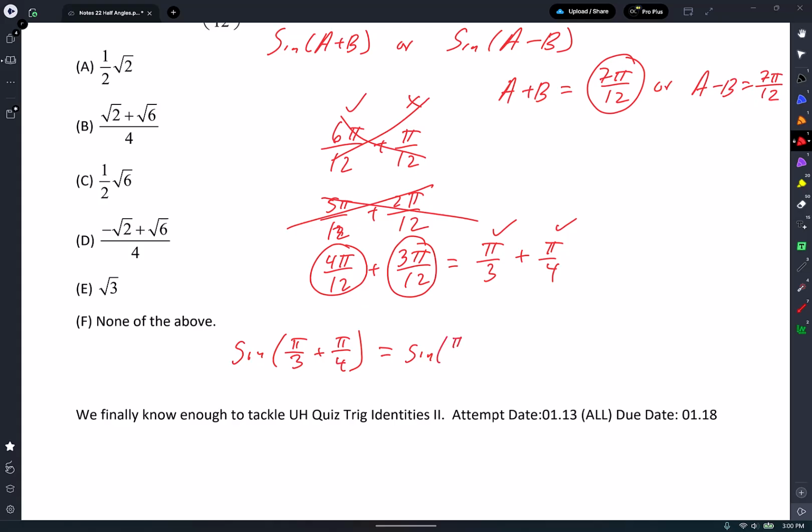Do you guys remember the formula for sine A plus B? It's sine A cosine B plus cosine A sine B. So sine pi over 3 cosine pi over 4 plus cosine pi over 3 sine pi over 4. All I did was sine A plus B, guys.